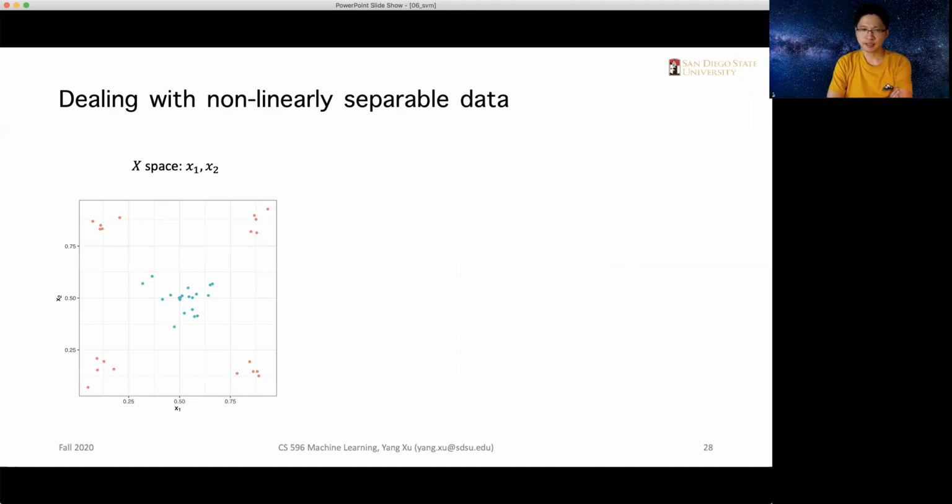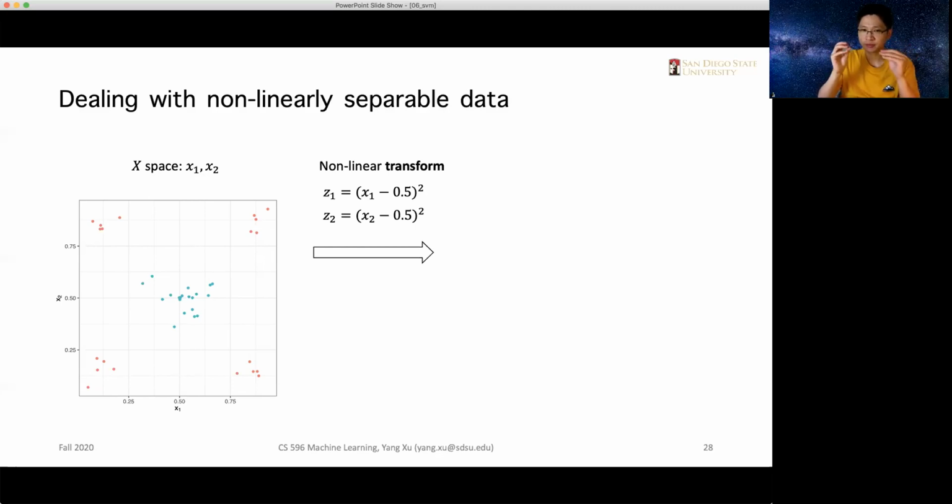If we have two classes, then we can construct or apply some nonlinear transform by subtracting 0.5 from x1 and raising it to the power of 2. It's basically computing some distance, some Euclidean distance, right?